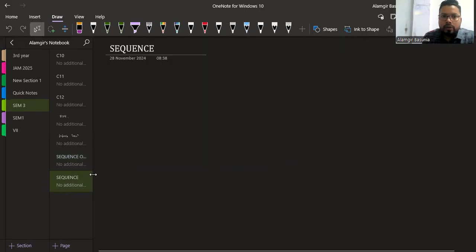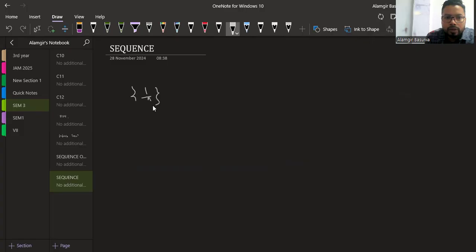Now here you can see the sequence 1 by n. If we write all the elements of the sequence, xn is the sequence and the nth term is xn equal to 1 by n.